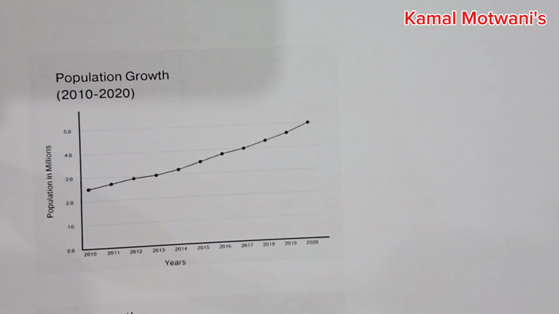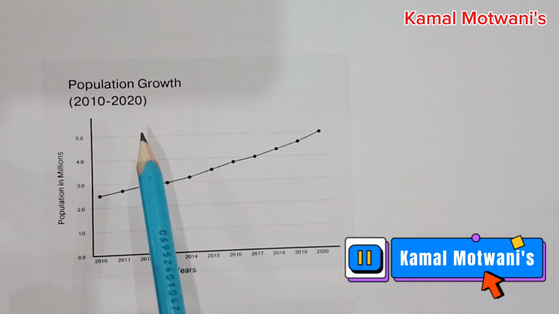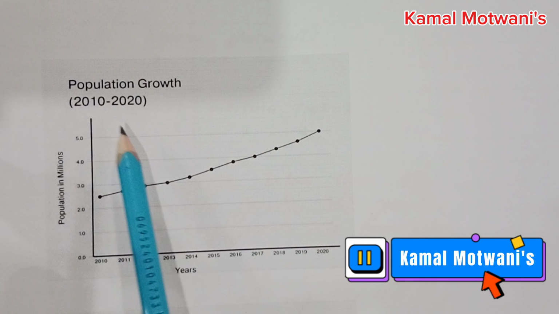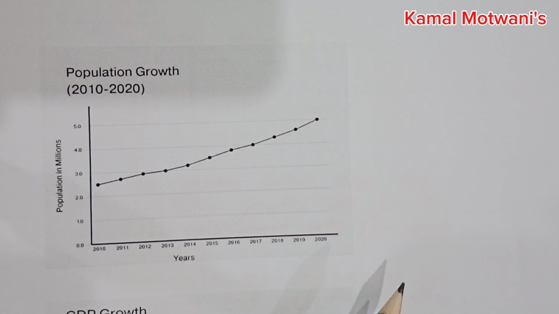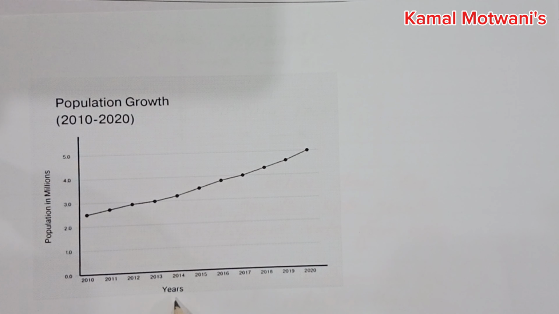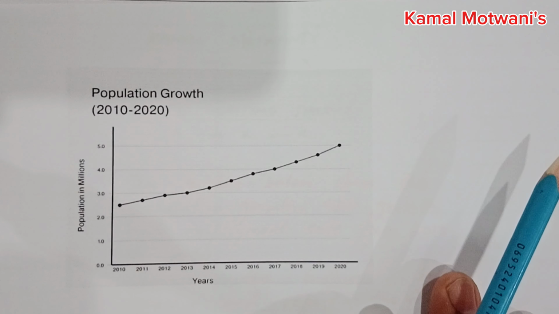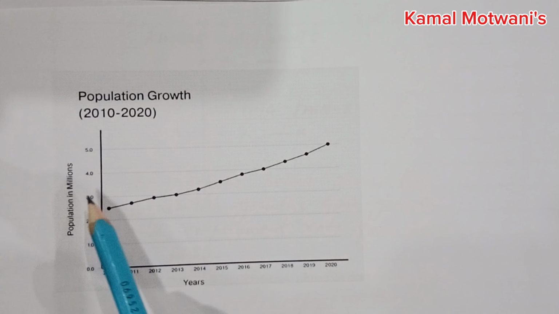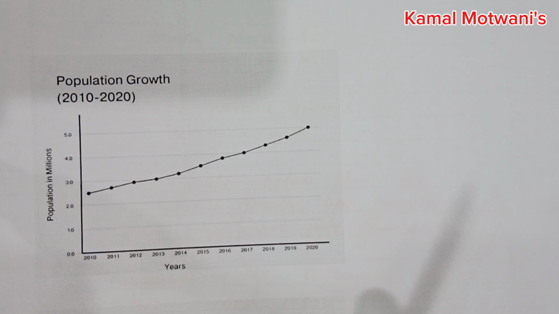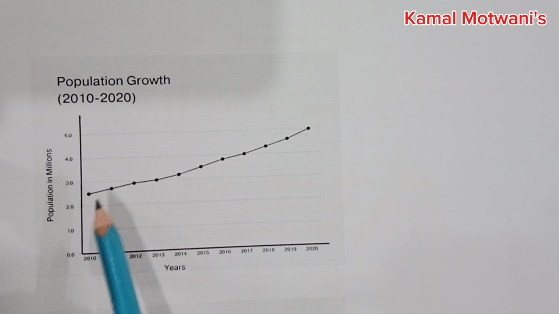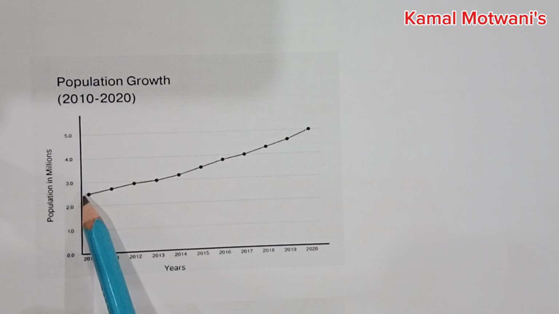So in this first graph we are given population growth from 2010 to 2020. On the x-axis of this graph we are given years, and on the y-axis we are given population in millions. It starts from 2010. In 2010 the population is around 2.5 million.